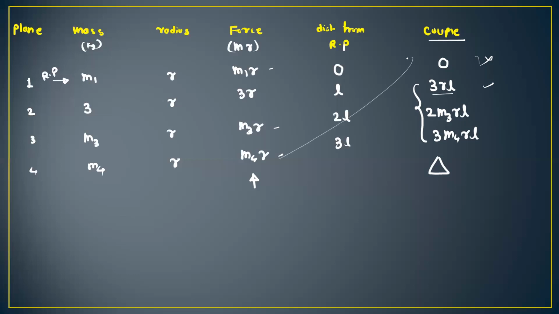So select the scale for the couple polygon. So this is the last column, that is the couple column. First value is 0.